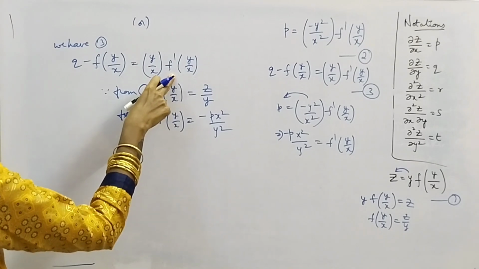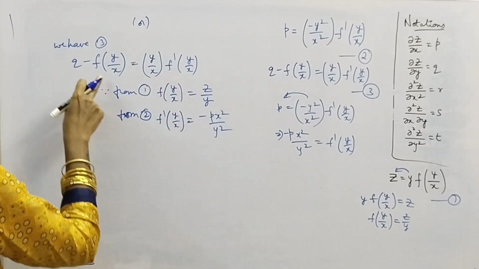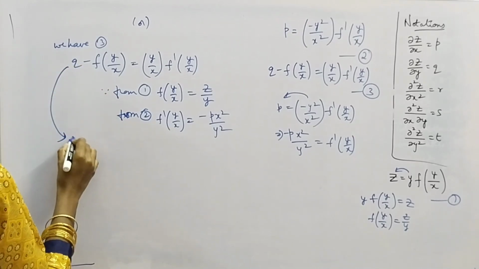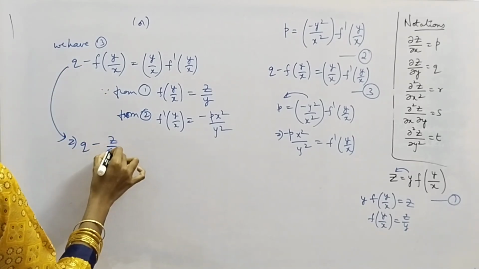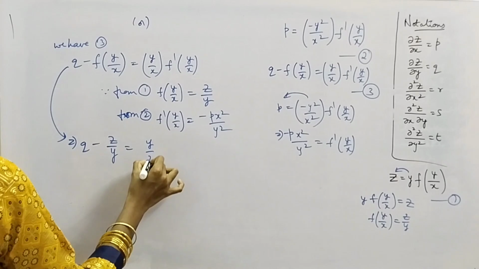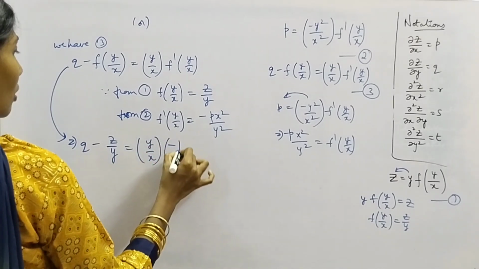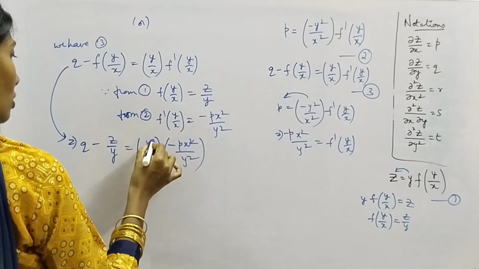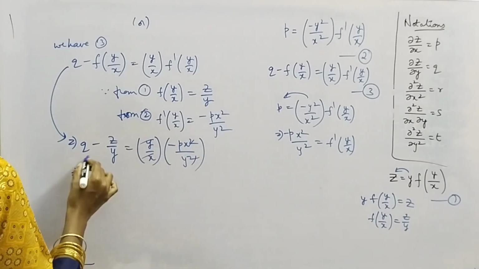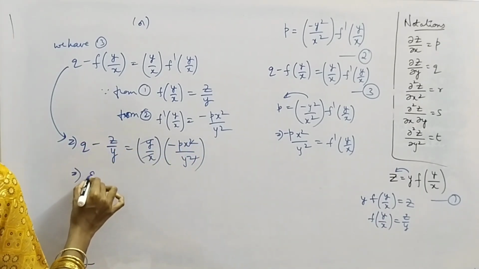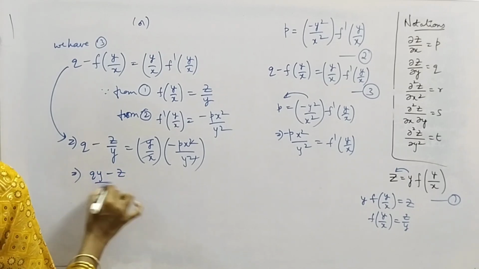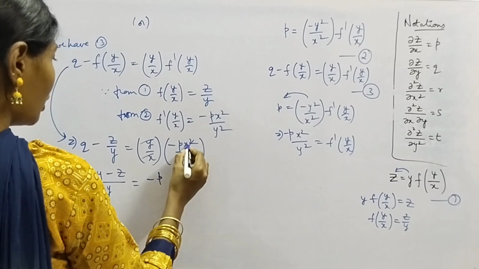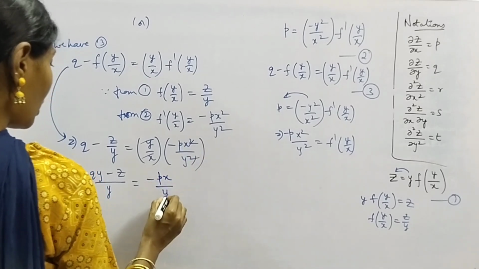Just replace f dash of y by x using this and replace f of y by x using this. Then this becomes q minus z by y equal to y by x into minus px square by y square. Cancel x and one y. Now simplify it, we'll get q minus z by y equal to minus p into x by y.